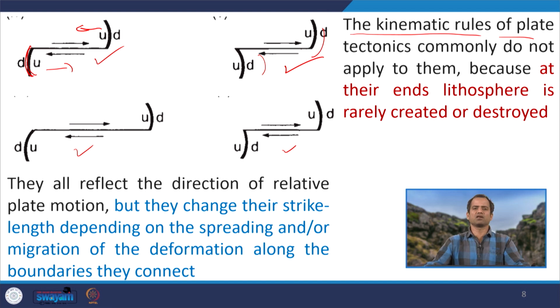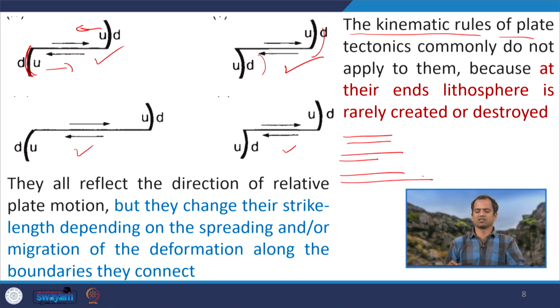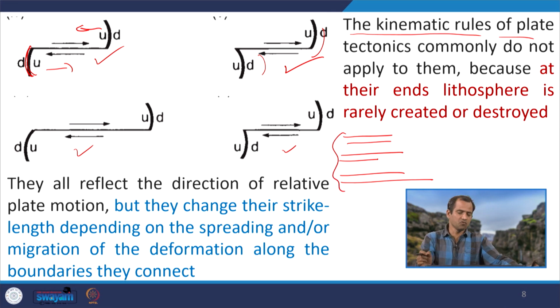If you remember our earlier class, somewhere this length may remain constant, somewhere the length may decrease and somewhere the length may increase. That depends upon this condition, the rate of movement and the rate of destruction or creation.